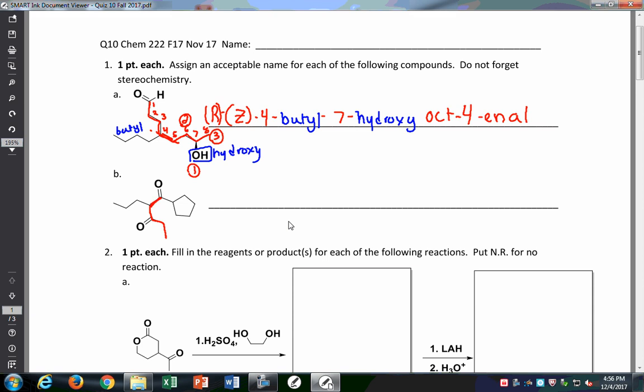So either we can number it 1, 2, 3, 4, 5, or 1, 2, 3, 4, 5. Clearly, the lowest numbering system is going to be 1, 2, 3. So this is 1 and this is 3. The other route, your ketones are going to be on 3 and 5. That's a higher numbering system. We do have a longer carbon chain, but that doesn't contain our second ketone, so we don't want to use that one as our parent.